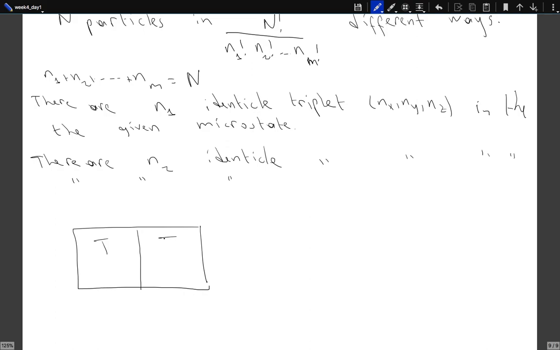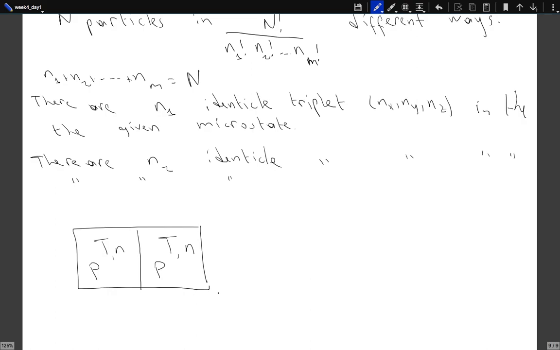If the left-hand side has temperature T, the right-hand side has temperature T. If the left-hand side has the density N, the right-hand side has the density N. Left-hand side has the pressure P, right-hand side has the pressure P. And they are made up of identical particles. Then, if I remove the compartment, nothing should change, because nothing changes. If I replace the compartment, I just get my initial configuration.